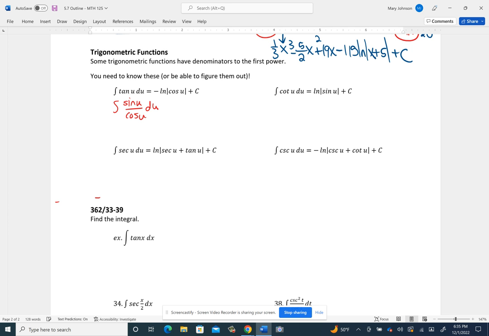Okay. So you see, I've got the situation where I have a 1 over cosine with a sine u du. I could think sine, I need the u on that, sine u du to the right. I could think of it like that to see better what's really going on.